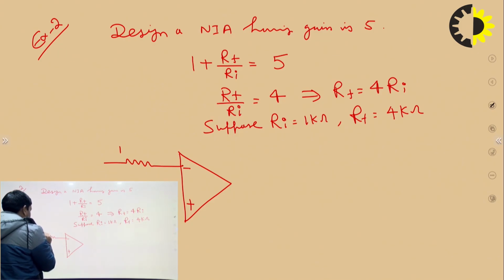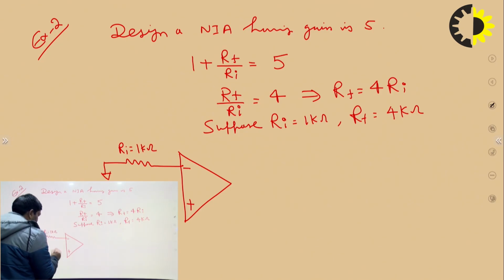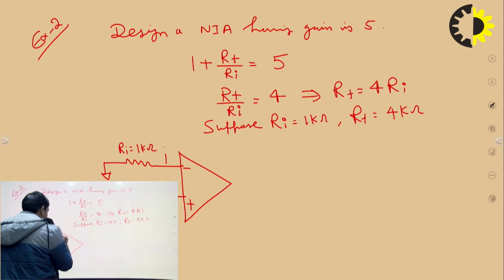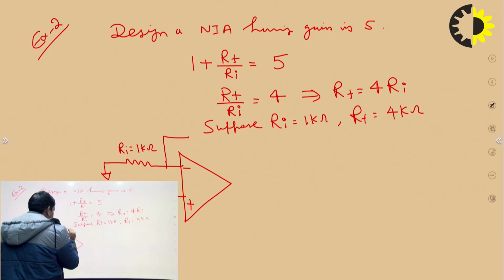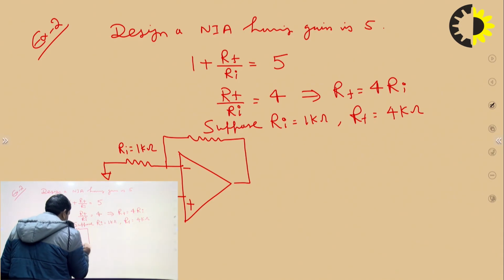This is Ri, which we suppose is 1 kilo ohm, and it is connected to the ground. This is Vi, and this is the feedback resistance Rf, which is 4 kilo ohm, and this is the output.